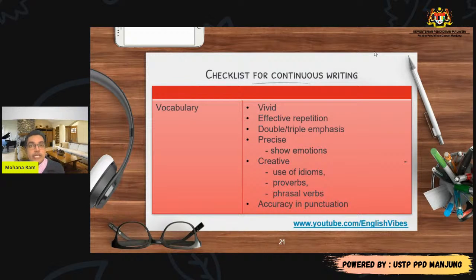Do not use the same word again and again. Double or triple emphasis, I will show you, for example, she was sad and disappointed. That's a double emphasis. Precise, show emotion: she was sad, she was very sad. What other words can you use to describe the word sad besides using very sad? Think about it. Creative use of idioms, proverbs, and phrasal verbs.